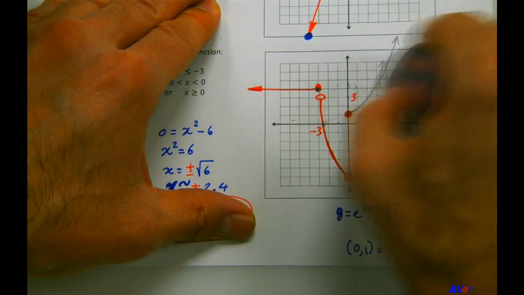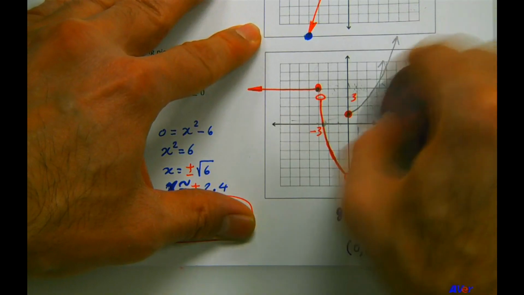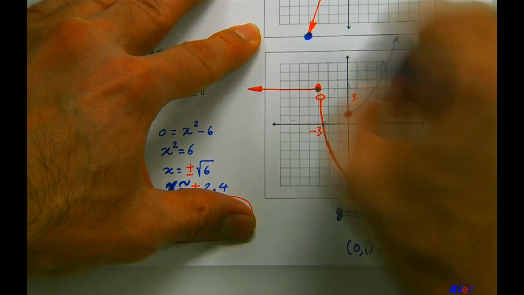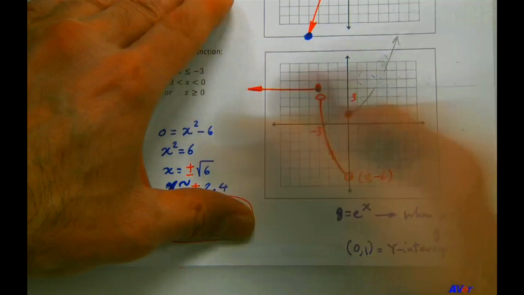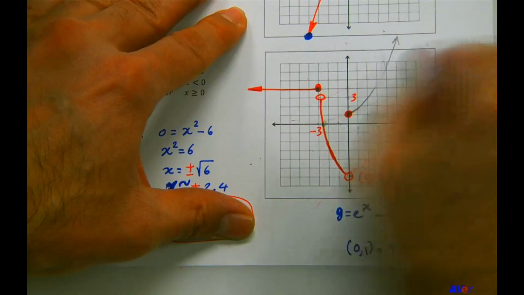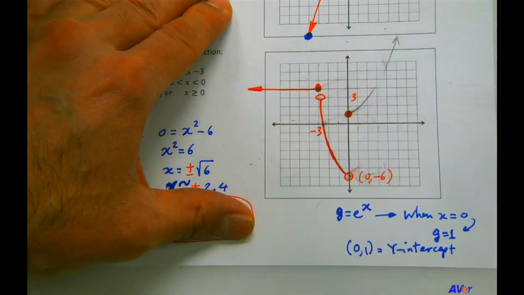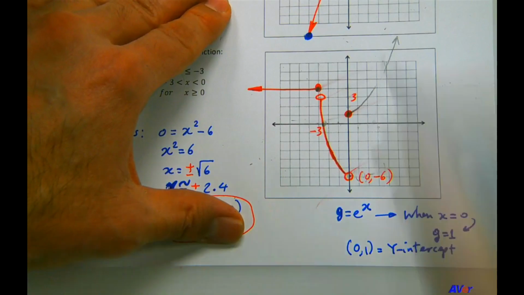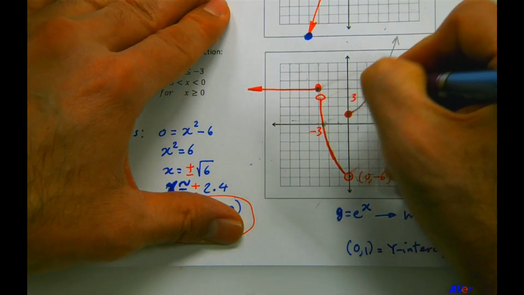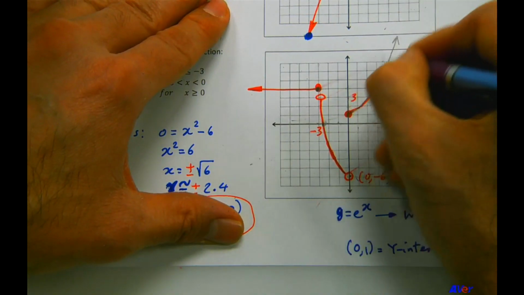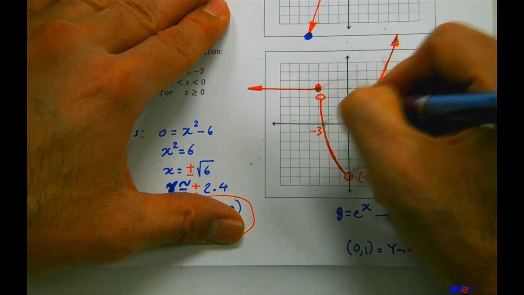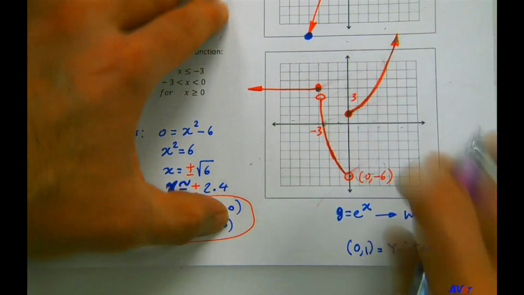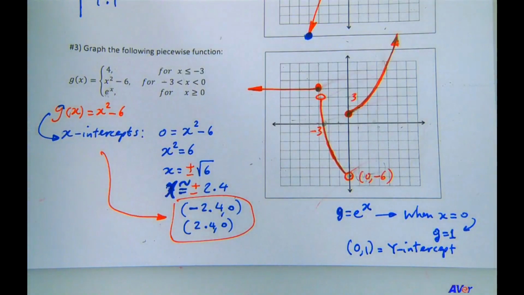All of that should go away, and the rest of this horizontal line. Okay, so then it'll be like this. All right, so that's the graph of this piecewise function.